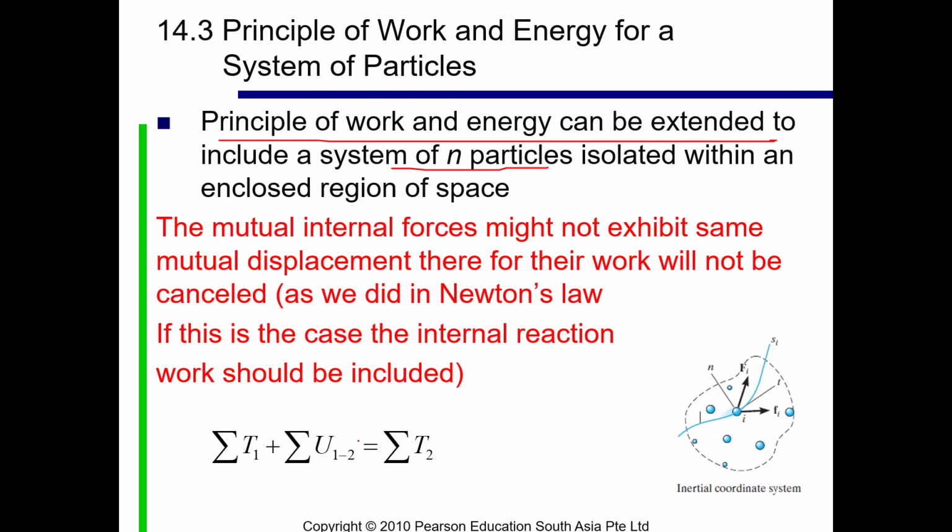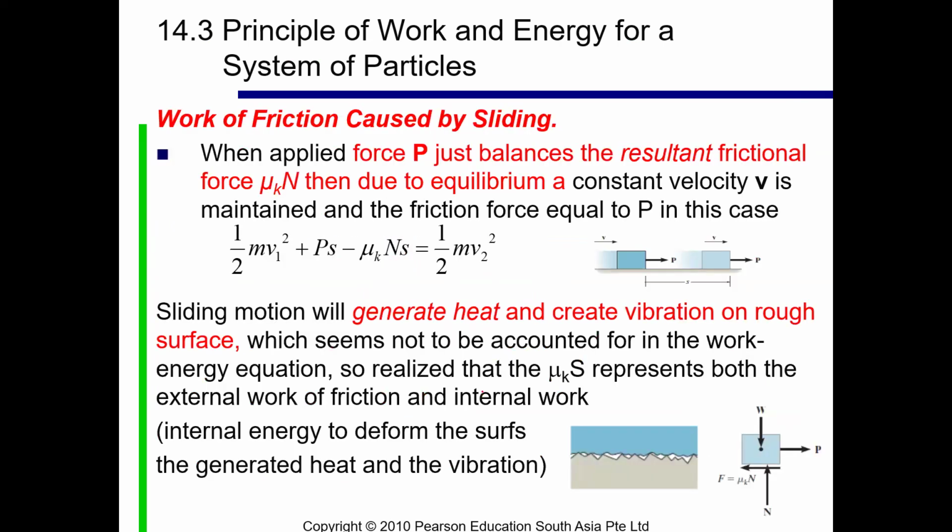So I can extend this principle, which was for one particle, to n particles as well: the sum of the initial kinetic energies of all particles plus the sum of all the work done by the external forces in the system is equal to the sum of the final kinetic energies of the system. So it can be applied when dealing with more particles.